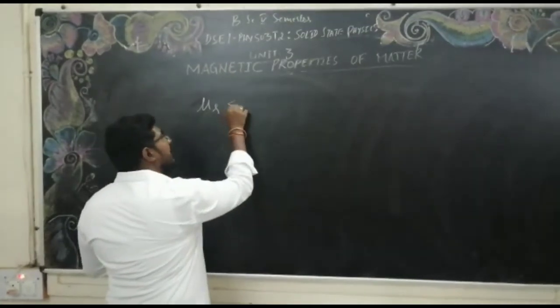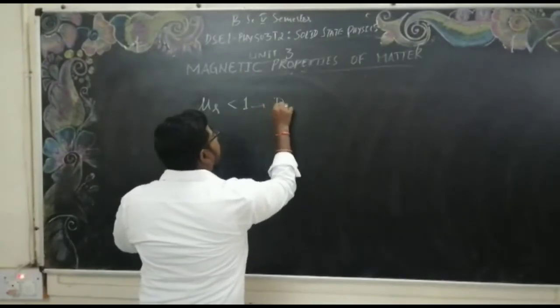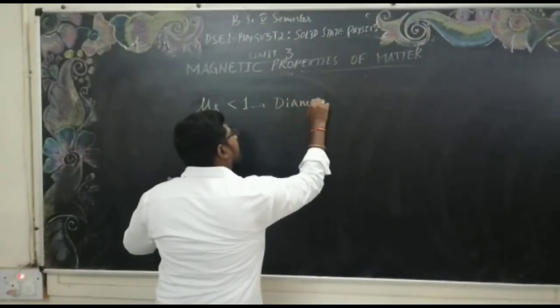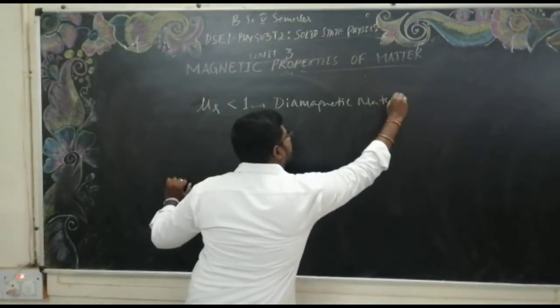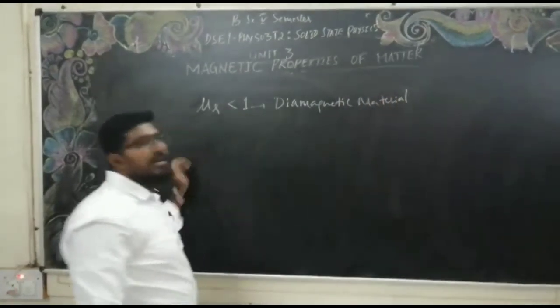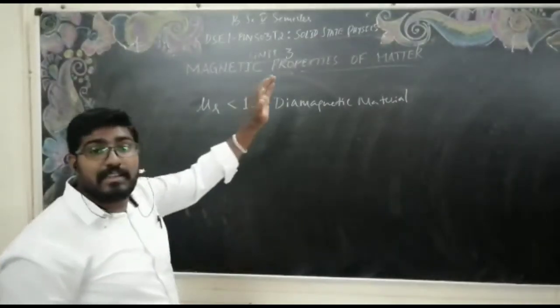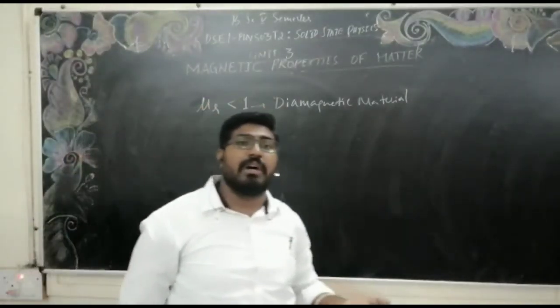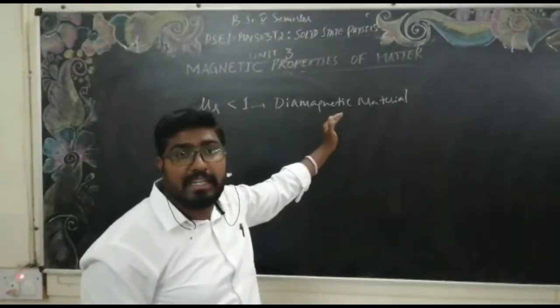If the relative permeability is less than 1, this type of material is a diamagnetic material. In terms of susceptibility, it may be positive or negative, depending upon what type of material we are taking.